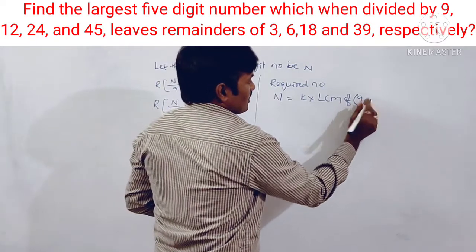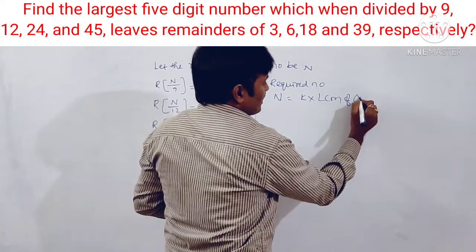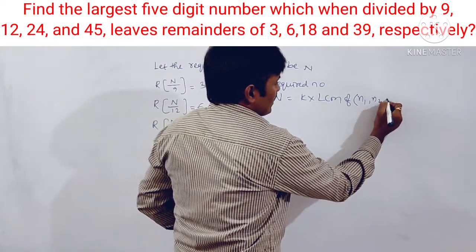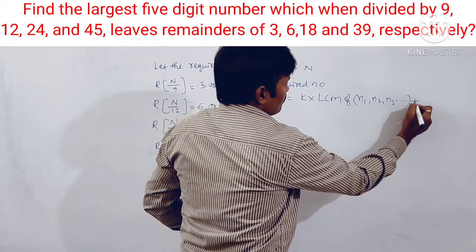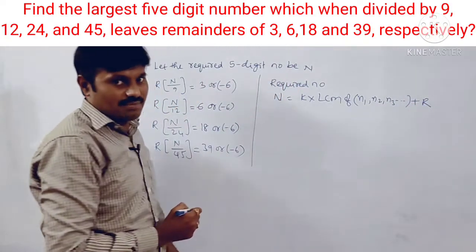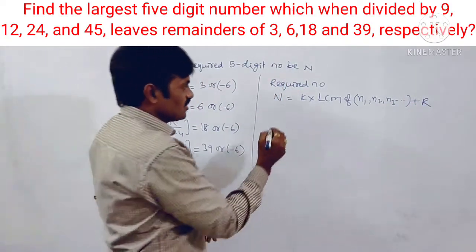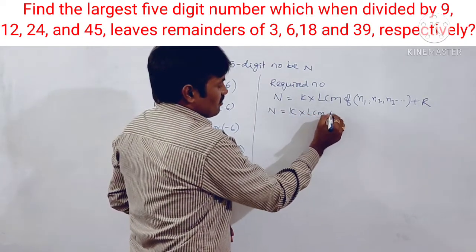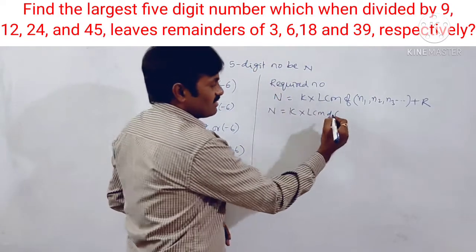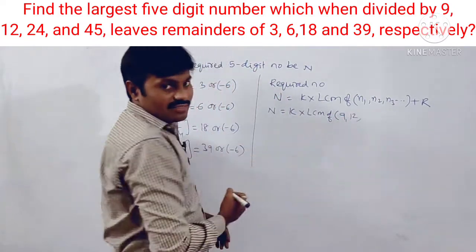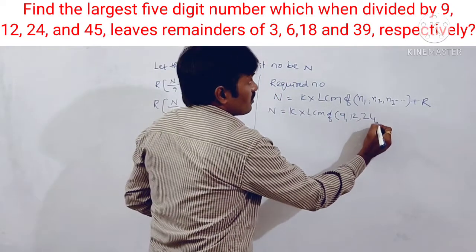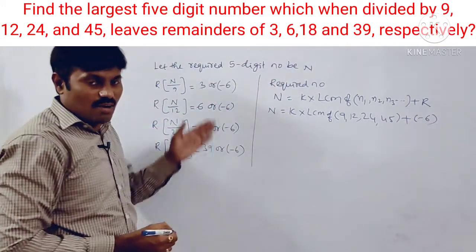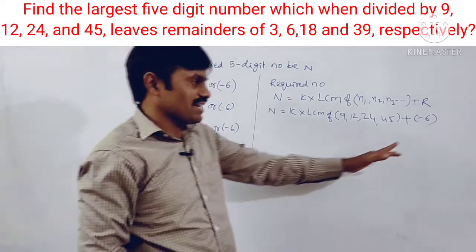So the formula we can write like this: consider the divisors as N1, N2, N3 and so on, plus remainder. But the remainder is negative here, so our number is k into the LCM of the divisors 9, 12, 24 and 45, plus here the remainder is minus 6. The common difference is minus 6.